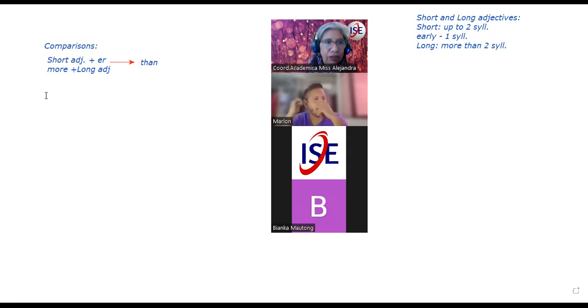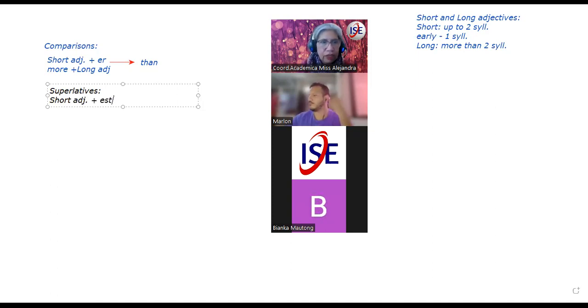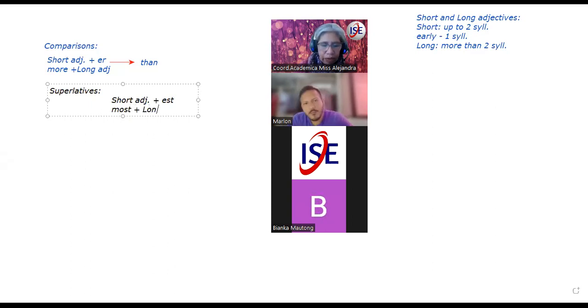Then we have the superlatives. Let me change the color. Okay, let's use black. For the superlatives, we have short adjectives plus est, and most plus the long adjectives.